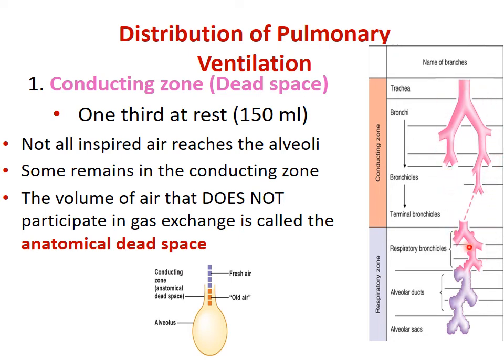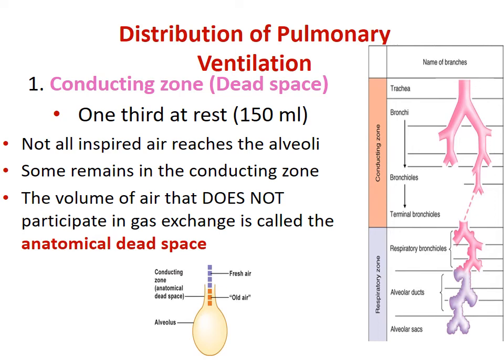in the gaseous exchange because gaseous exchange is taking place only in the alveolar sacs. The air which is there in that particular pathway, which is not taking part in the gaseous exchange, is called dead space air, and it is approximately 150 ml in a healthy individual. Not all inspired air reaches the alveoli.